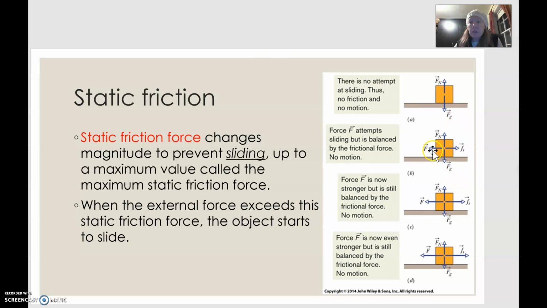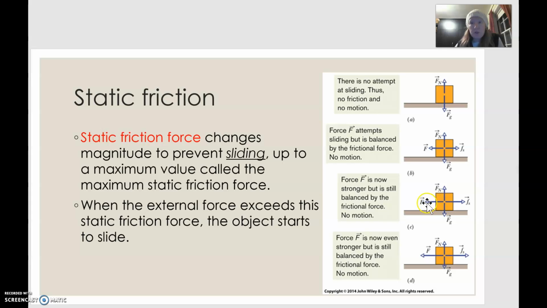But then something applies a leftward force to it. Let's say that's a rope. It's trying to pull it to the left, but that force is being matched by a force of static friction. And so therefore it remains motionless. It stays where it is.